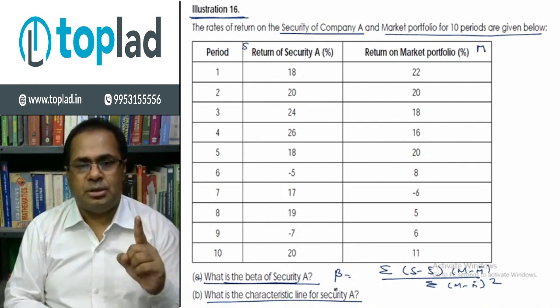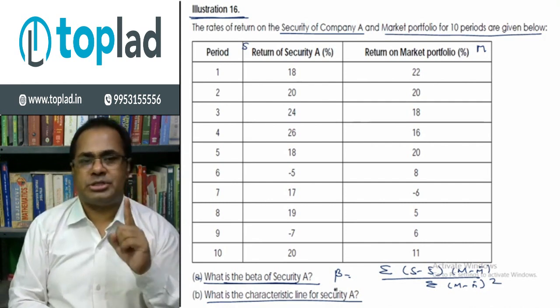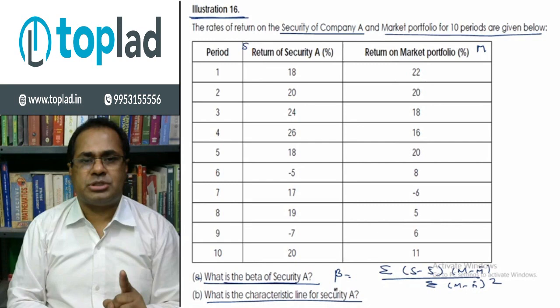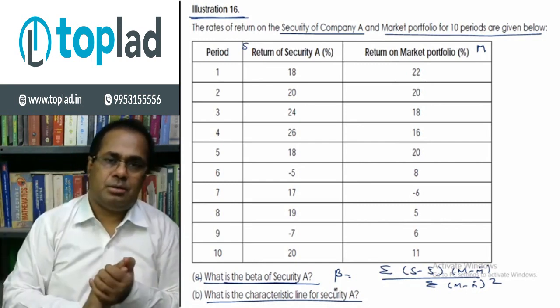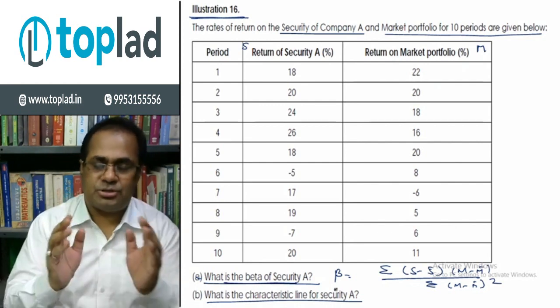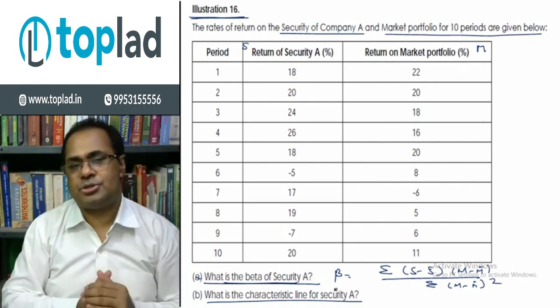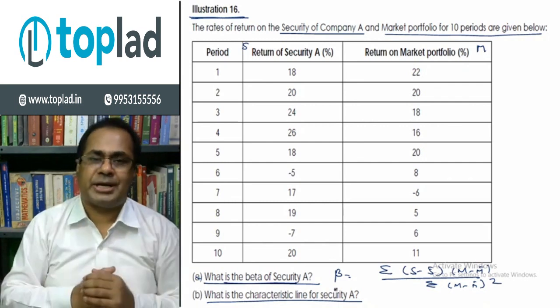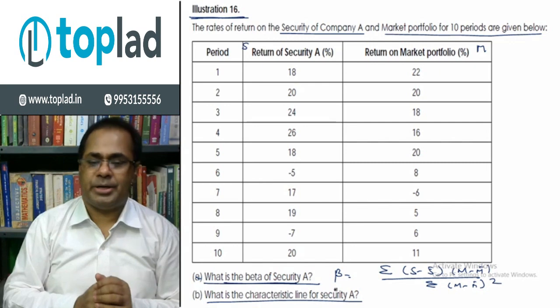You have to calculate the value of that constant, which is calculated by taking past data, the average return of the security, the average return of the market, and the beta of the security. That is the characteristic line. Okay, I am solving the question, you will understand better.